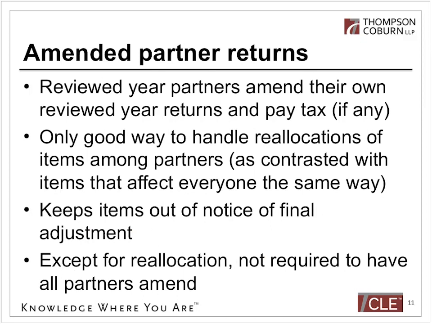So the amended returns are really the only good way to handle a reallocation, where the partner who gets hit with the extra income would amend the return, and the partner who gets the extra deduction gets to amend the return. Otherwise, the partnership would just pay the tax on the higher amount, and there would be no benefit for the reduction.